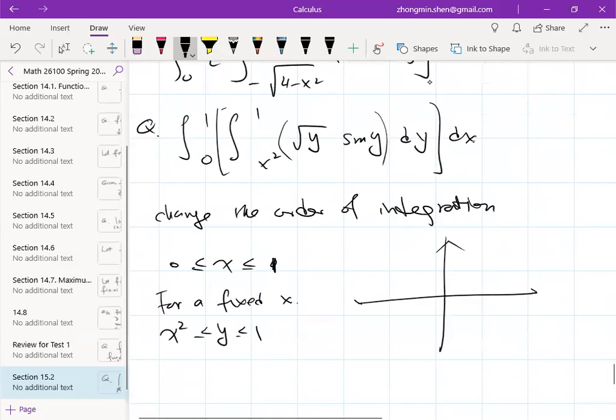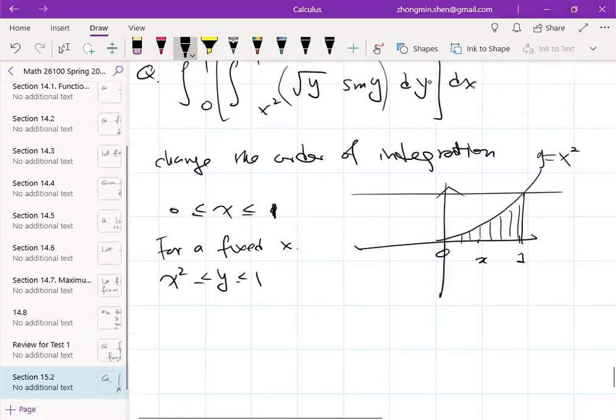So for every x, the upper bound for y is going to be 1. The lower bound for y will be x squared. So it goes like that. Okay, so this is the domain. Yeah, this is y equals x squared. Got it?